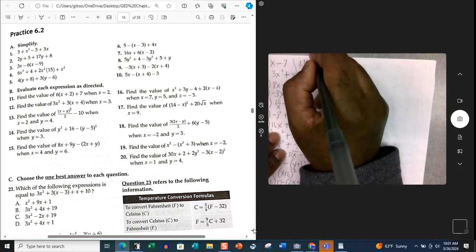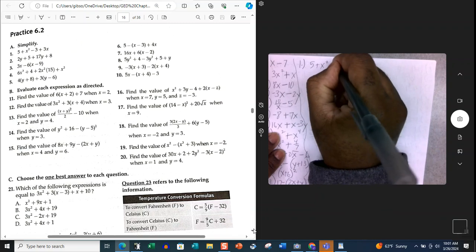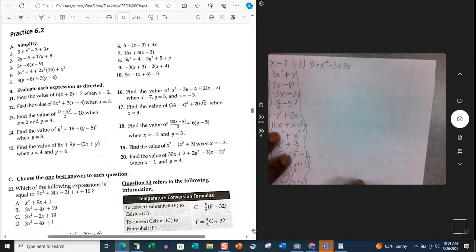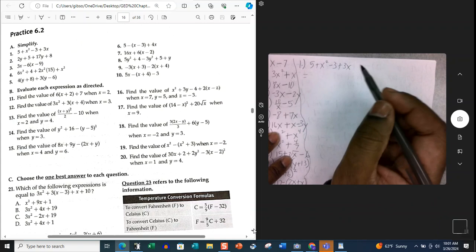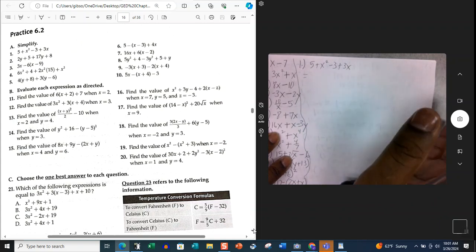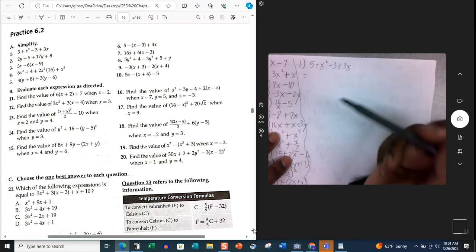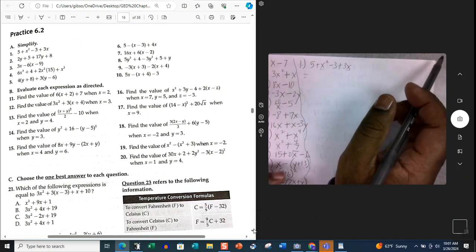So for number 1, we have 5 plus x squared minus 3 plus 3x. Now what we want to do is combine like terms. To combine like terms, first of all, we look at the variables. We have an x squared and an x. Let me backtrack here.